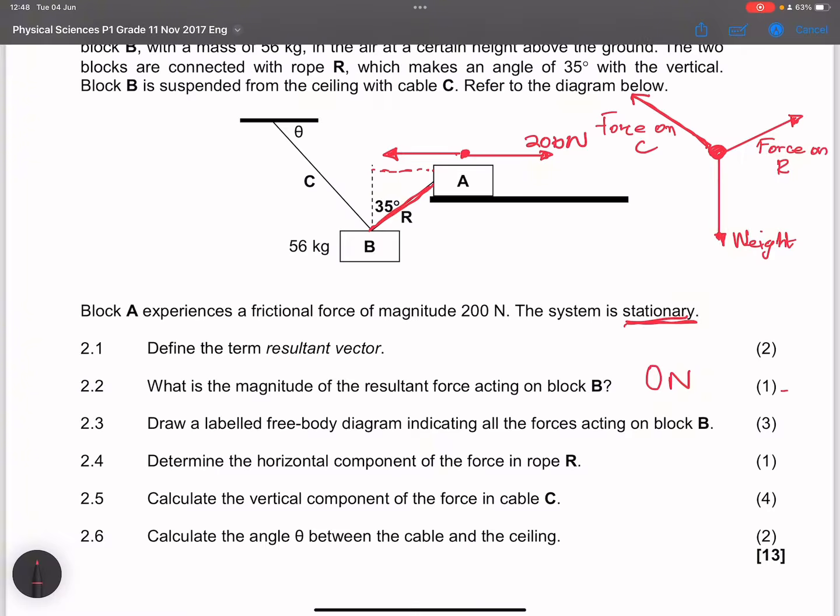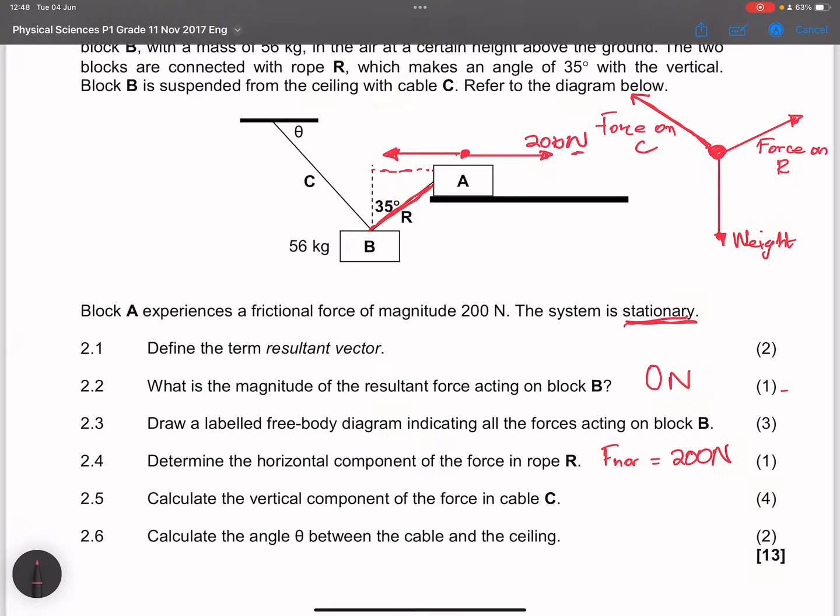So the horizontal component of the force on R should be equal to that frictional force, which is 200. Because that's 1 mark, it means the horizontal component should be equal to 200 newtons. Let's go to the next one.